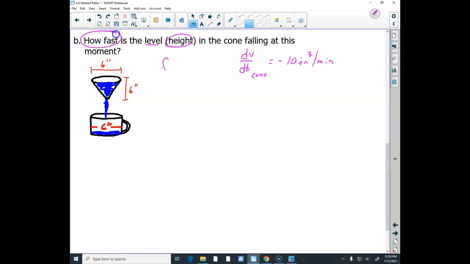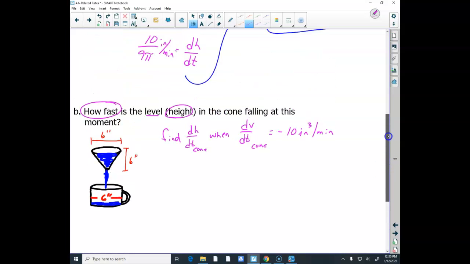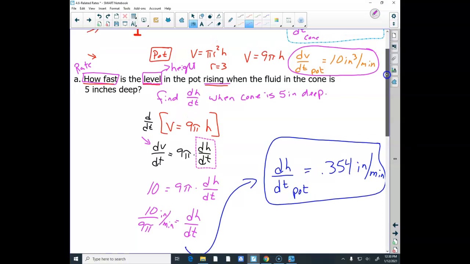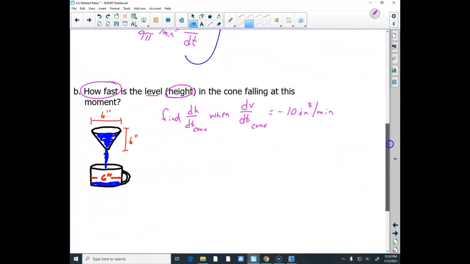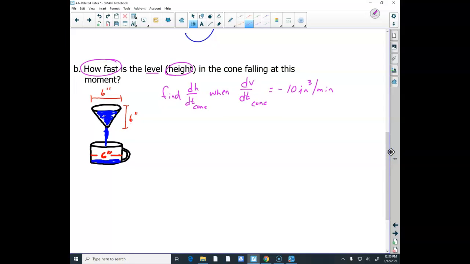So they want us to find dH/dt of the cone when dV/dt is still negative 10 cubic inches per minute. And don't forget the moment in time was when the fluid in the cone is 5 inches deep, so h equals 5 inches.